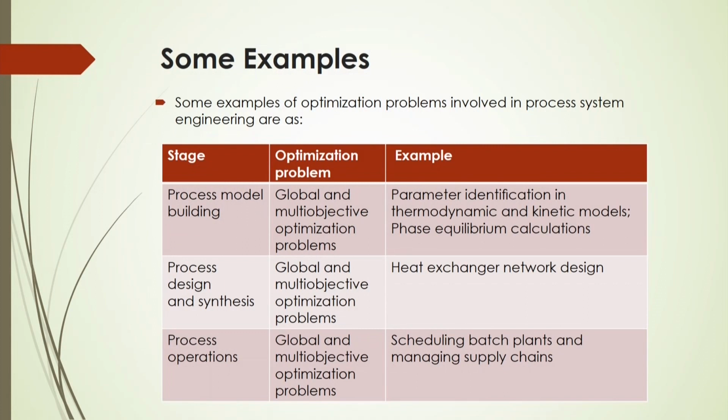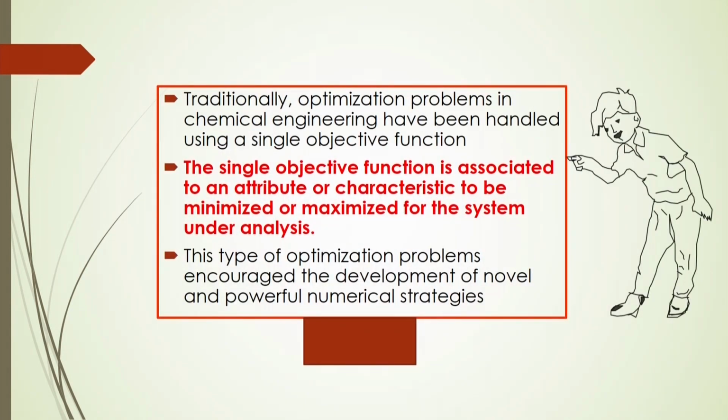Traditionally, the optimization problems in chemical engineering have been handled using a single objective function, and that single objective function is generally related to an attribute, or characteristic, to be minimized or maximized for the system under analysis.